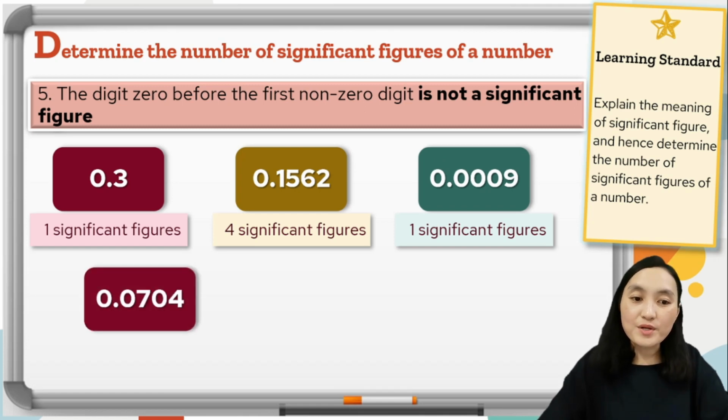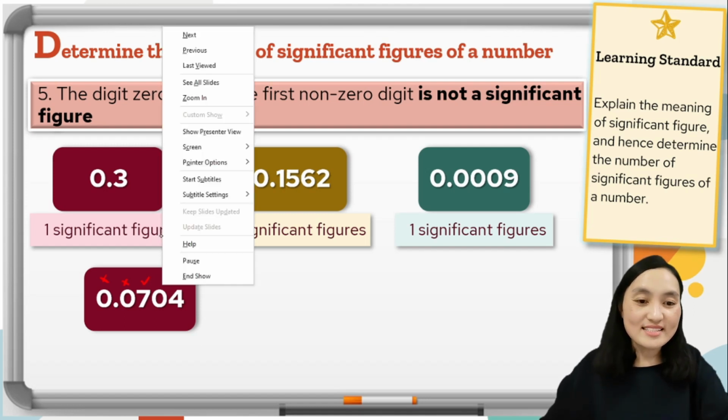Next, 0.0704. Okay, look at here. This is not calculated because it is before the first non-zero digit. So this is calculated and this is definitely calculated. How about this? Can it be calculated?